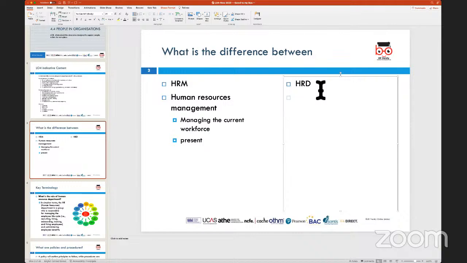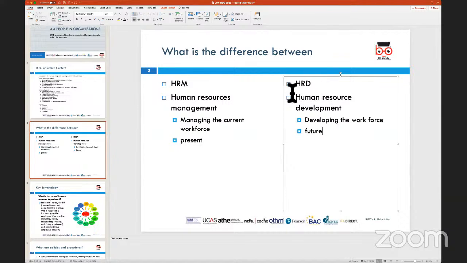When we talk about HRD, it is human resource development. In this case, the focus is on developing the future, or developing the workforce, let's put it this way. Here we are talking about the future.